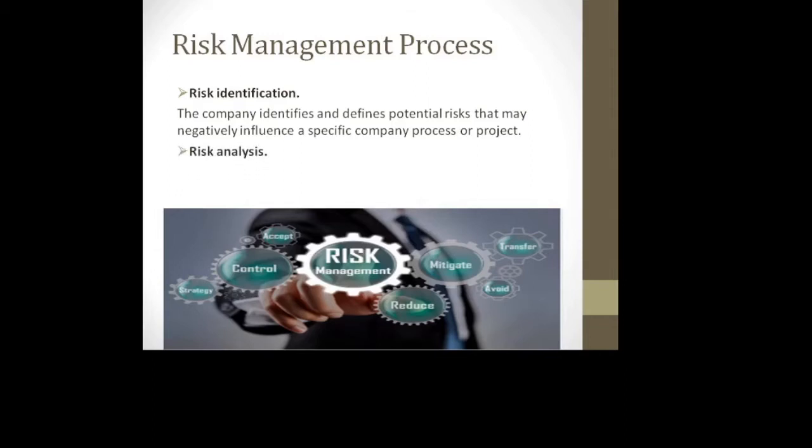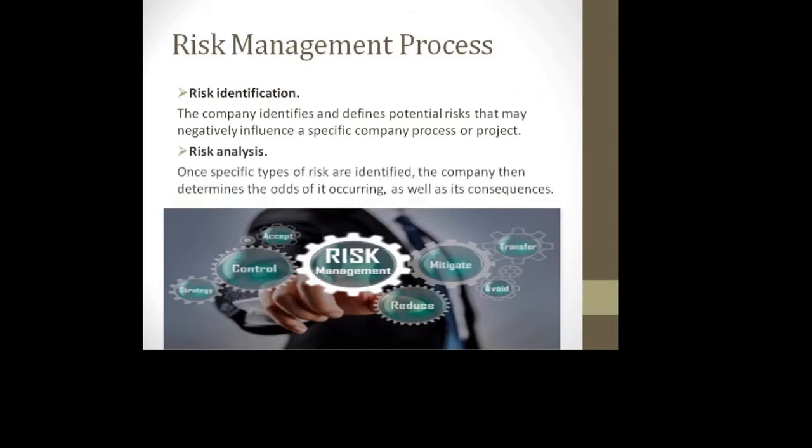The next step is risk analysis. Here, once specific types of risk are identified, the company then determines the odds of it occurring, like what are the chances of it occurring, right? The probability or likelihood of the risk occurring should be analyzed.